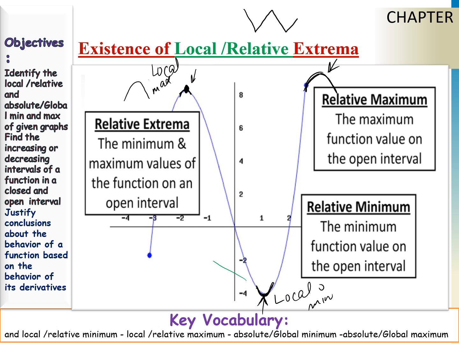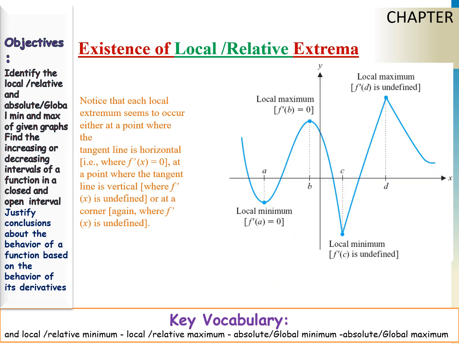Although the turning point is conical, yes, it is a local minimum. This point is a local maximum. This point is a local minimum. So you could have a number of local maximum and minimum, no matter whether they are at the highest or lowest points, but they should be turning points.